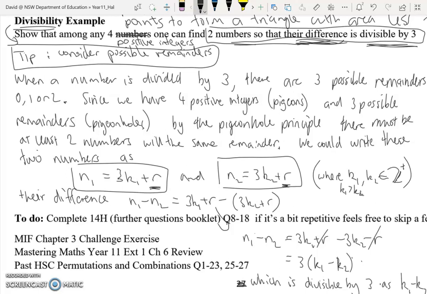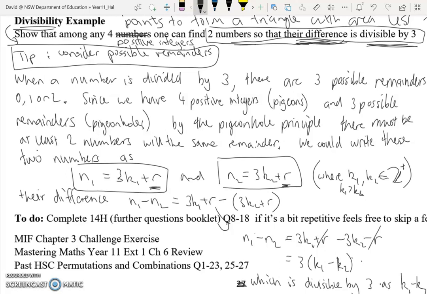If you can't remember how to write this, it's essentially like division of polynomials, the same structure of dividing by 3: how we can write a number in terms of 3 times something plus the remainder. And note this extra little bit here, I've said that k1 and k2 are elements of the positive integers, and I've put k1 to be bigger than k2. That just makes the number n1 bigger than n2.